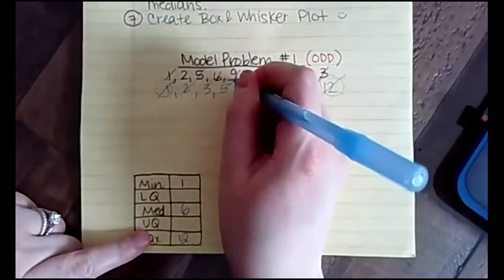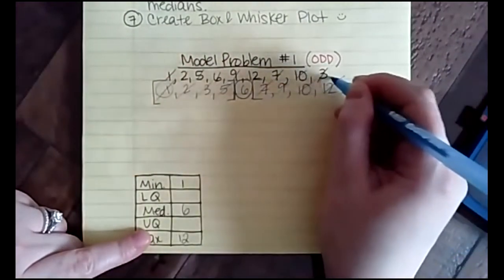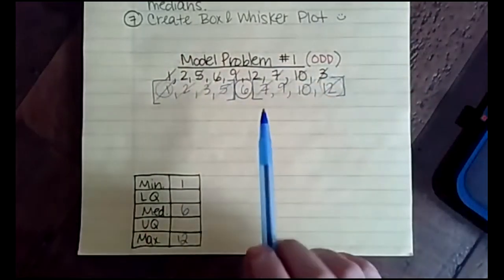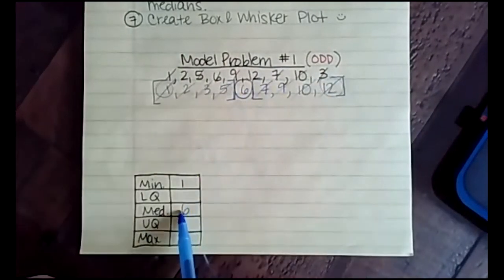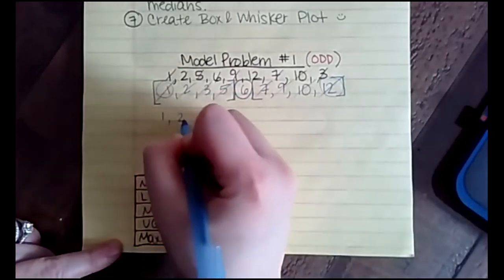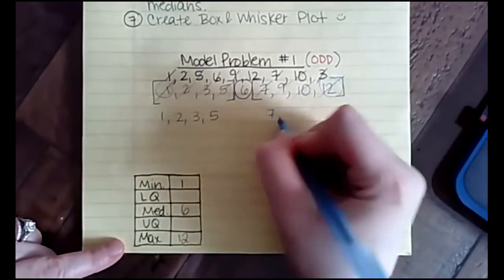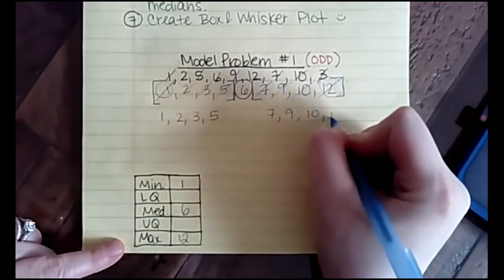So I do so by drawing a bracket like this. Okay, I do not include the 6 because the 6 is already identified as my median. And I can just go right ahead and write it down again. 1, 2, 3, 5. And then over here, I have 7, 9, 10, and 12.